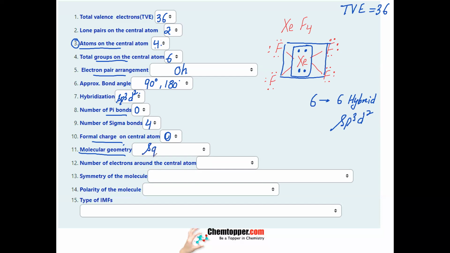Square planar, very symmetrical. Is it symmetrical or not symmetrical? Symmetry of the molecule? Yes, it is symmetrical. If it is symmetrical, polarity of the molecule, is it polar, non-polar? Yeah, so non-polar. If it is non-polar, what type of IMF?